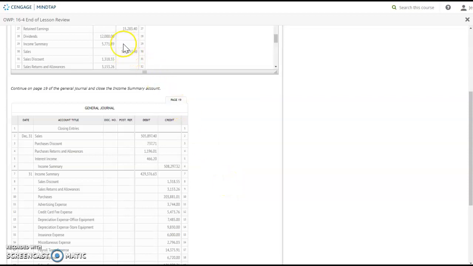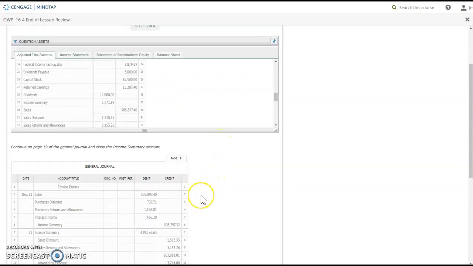So what that's telling me is that I am going to have a credit balance in my income summary of 73,148.8. So to close income summary, I would need to debit that number, 73,148.8.